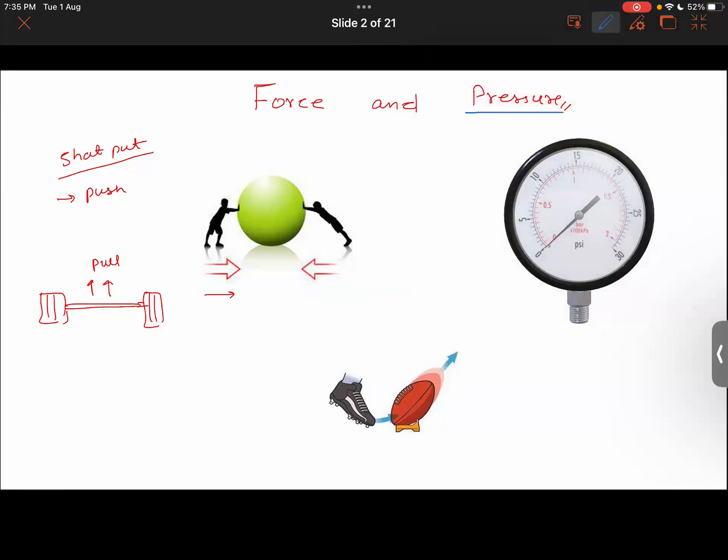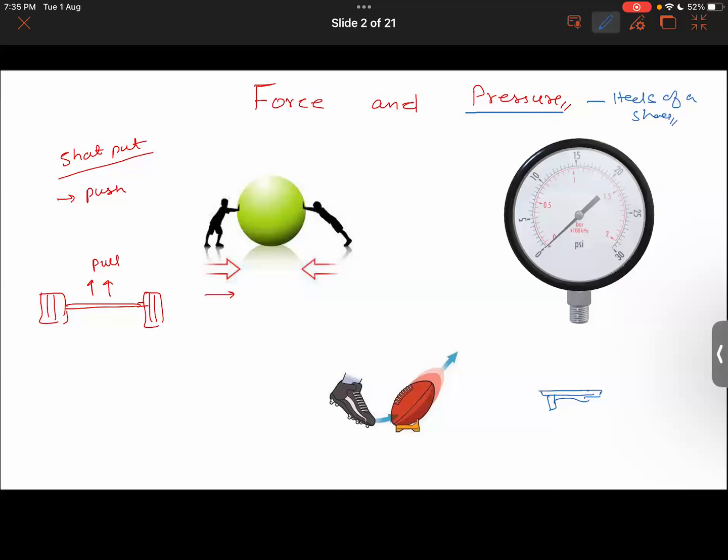Then another concept that we'll be talking about is pressure, right? So if you were to see the broad heel of a man's shoe, basically the heels of a shoe.